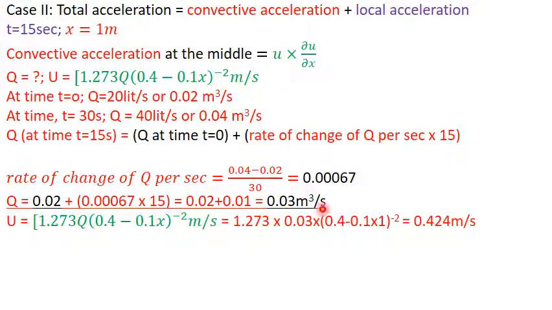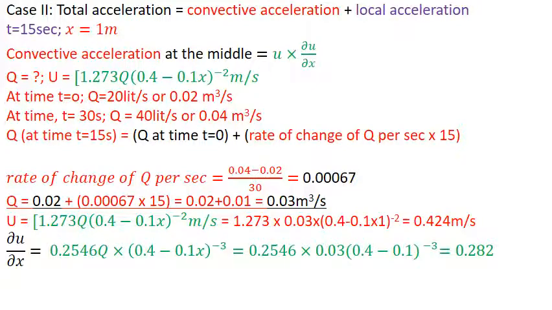So the velocity is given by substituting the value of Q and X in the equation we found earlier. So it comes to 0.424 meters per second, and dou U by dou X is also given by substituting the values of Q and X in the equation we obtained previously in case 1.